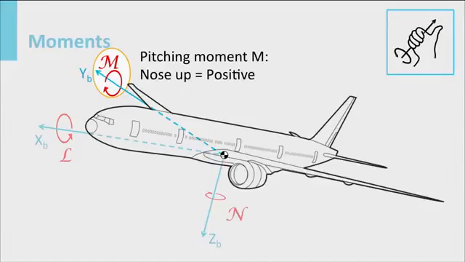And this means that if the pitching moment M is positive, if you use your right-hand rule, this means the nose will go up. And that's of course convenient that we have a positive pitching moment with the nose up. And this is the reason that the y-axis of the body axis is extending to the starboard side.